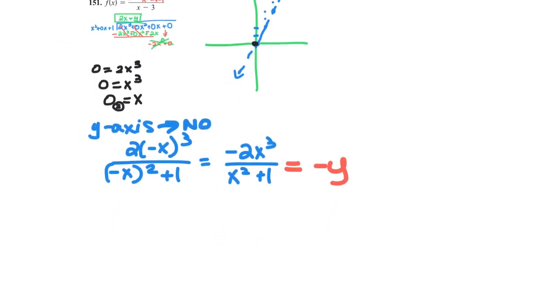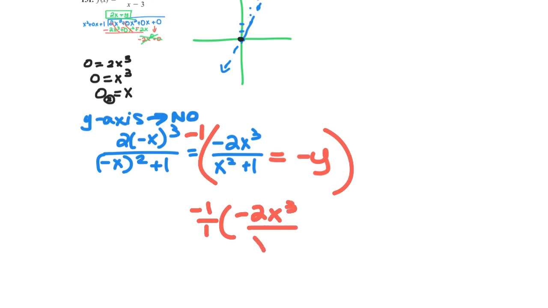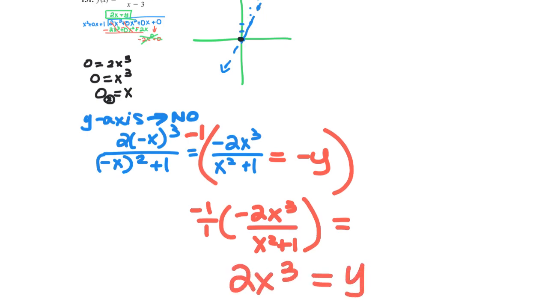So when you're dealing with a fraction, only one of the top or the bottom has to be negative, because if I multiply everything by -1, on the left-hand side I'm actually multiplying by -1 over 1, because that's the same thing. So only one part of my fraction changes. Does that make sense? So I get 2x to the third would equal positive y. Because it goes back to normal, this is symmetric to the origin.